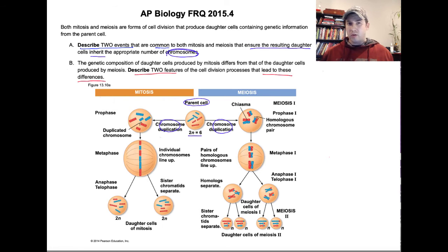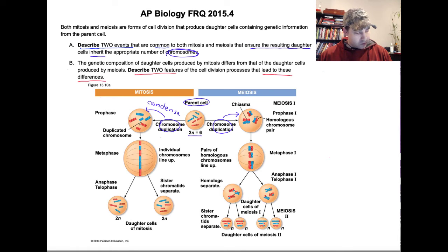What isn't shown here is that after duplicating, they're also condensing. These chromosomes start off as stringy chromatin, and they're going to condense into the chromosomes that we see here today. That'll happen in both of these processes. Just looking at the model, I see some other commonalities as well.